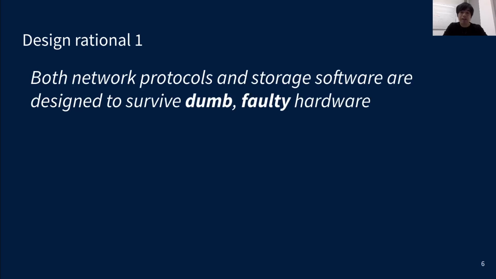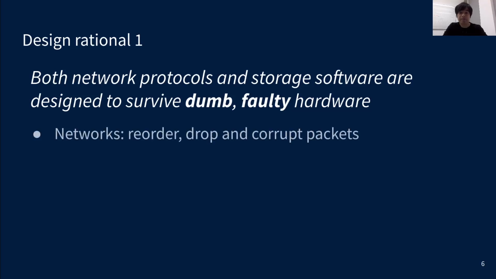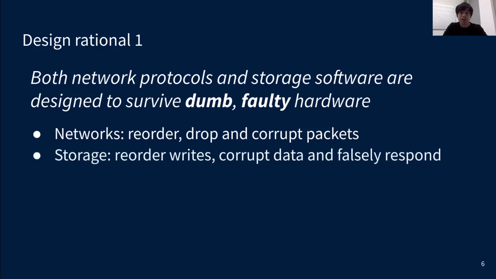One design rationale is that both reliable network protocols and storage software are designed to survive dumb, faulty hardware. Networks are dumb and faulty because they reorder, drop, and corrupt packets. Storage devices are also dumb and faulty because they reorder writes, corrupt data, and return unreliable responses.